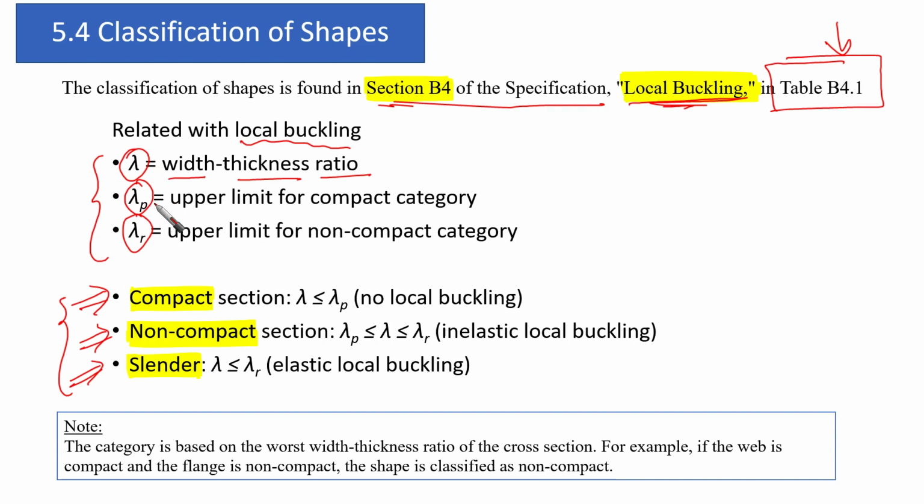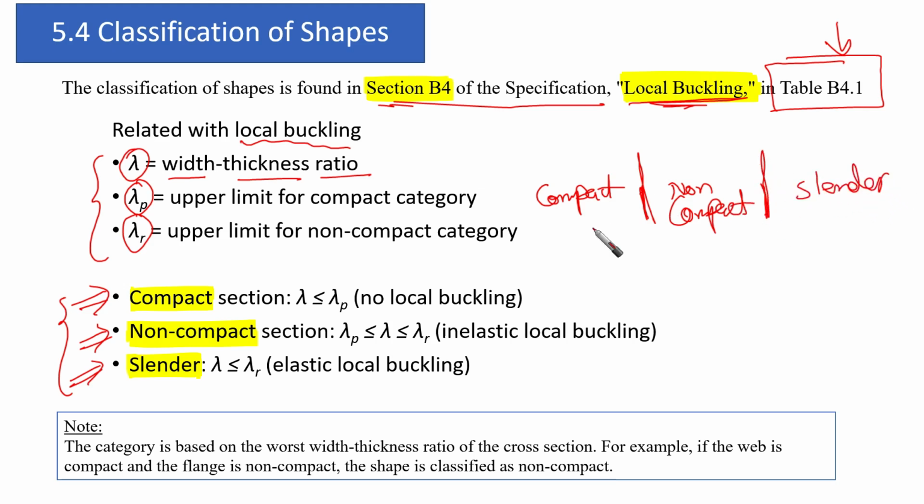And there are going to be two main limits for us. We're going to have two main limits, and in between we are going to have compact, non-compact, or slender. So we're going to have three areas with two main limits.